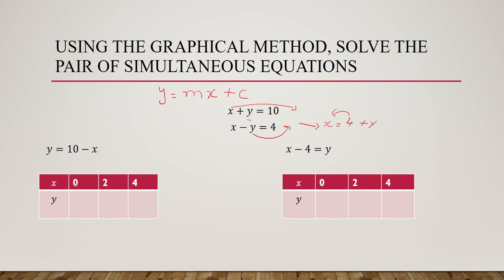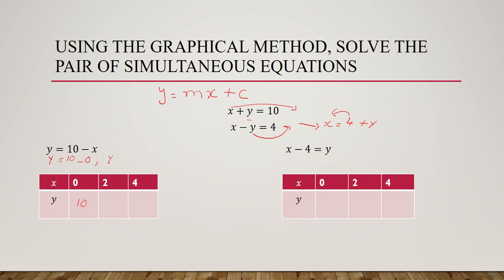Now, for the table of values, I have chosen x as 0, 2 and 4. These are random numbers and you can choose 0, 1 and 2, or 1, 2 and 3. Any values you can choose to find the value of y. So let's start with x as 0. When I substitute in the equation, 10 minus 0, I get the answer 10.